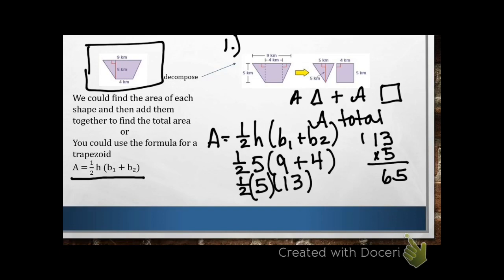So now I need to find 1/2 of 65. And when I do that, I'm going to realize that it is 32.5. I'm going to come over here because I'm running out of room. My area will be equal to 32.5 kilometers squared. Remember, it's area, so it's going to be in square units.